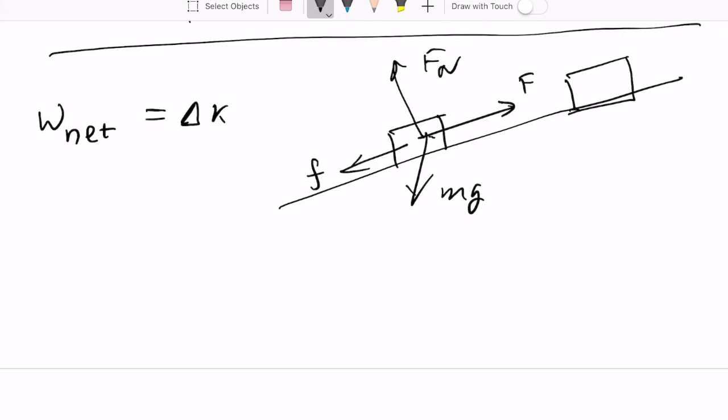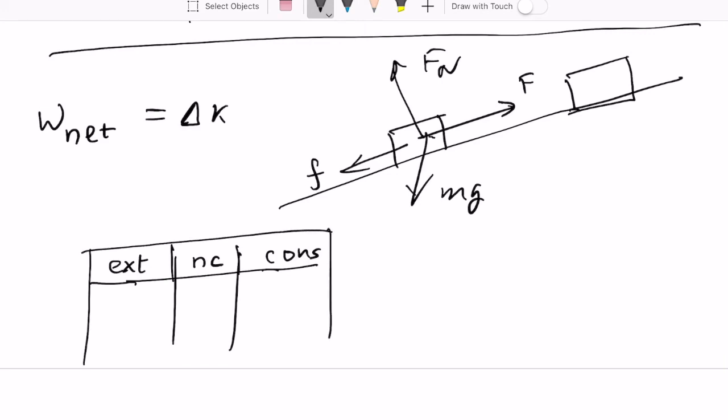Now, to facilitate calculating that, let's classify our forces into 3 different categories. So we're going to break up our forces into external forces, non-conservative forces, and conservative forces. So that's how we're going to classify our forces.